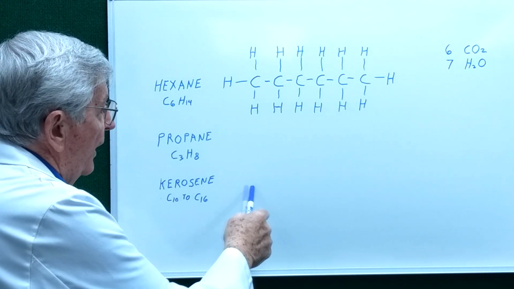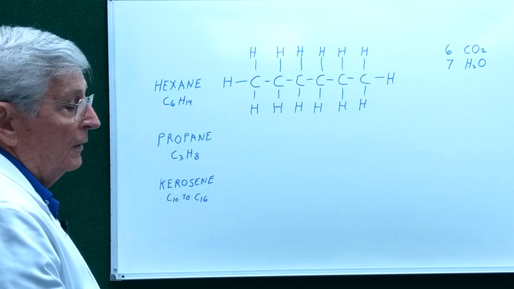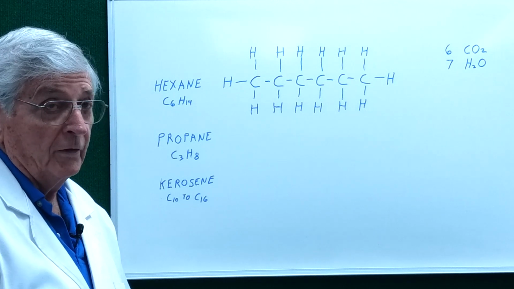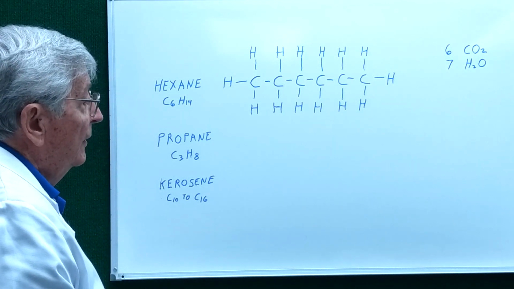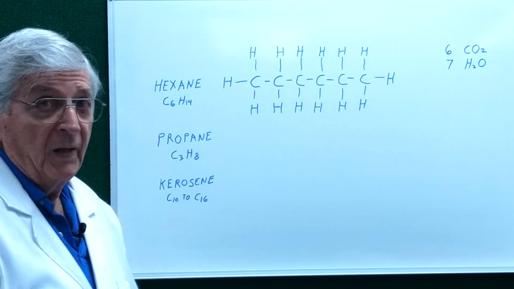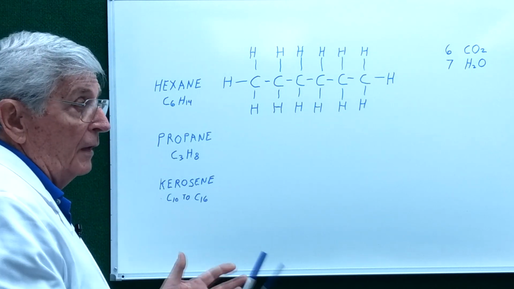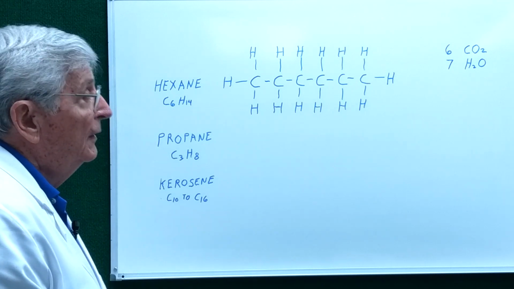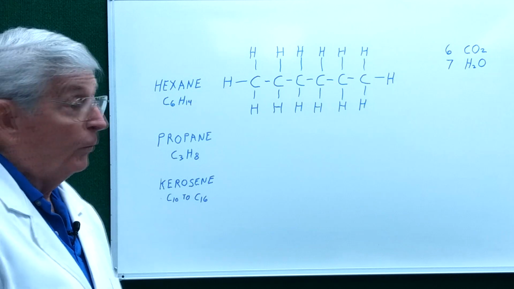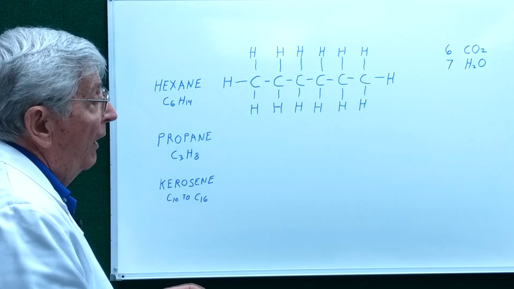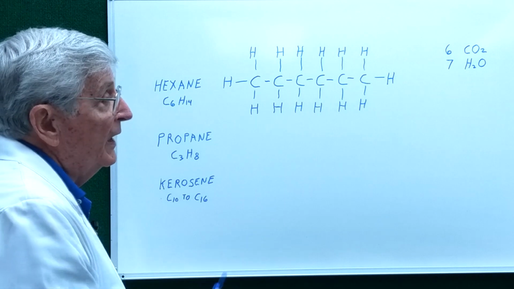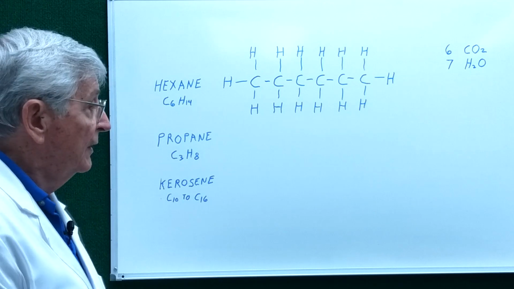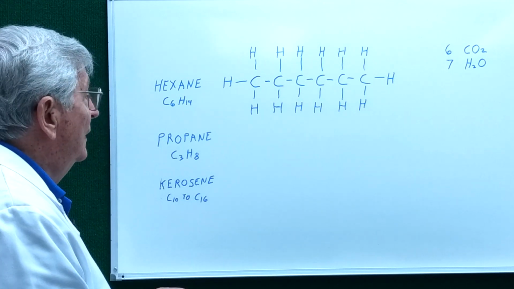So when a jet aircraft burns kerosene, it produces CO2 and water vapor. And the water vapor is what makes the contrails. Con is for condensation. When you see the jets in the sky, as you go up in altitude, it's colder. So the hot water vapor coming out of the jet engines condenses into little droplets that we can then see.